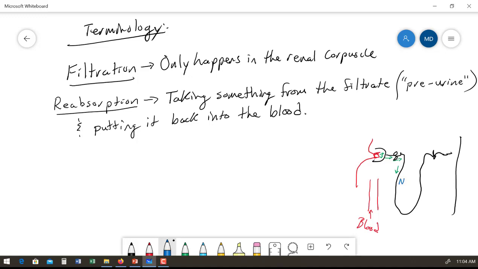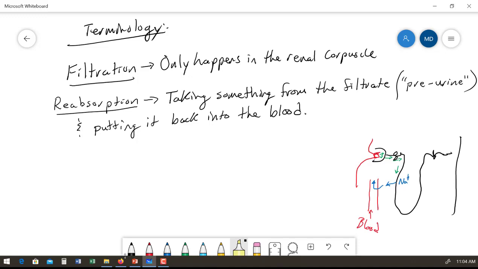We don't want to get rid of all that sodium in our filtrate. What we can do is reabsorb that sodium from the filtrate through the walls of the tubules here, so it goes back into the blood and gets taken away. This process, where we're taking something from the urine or pre-urine and moving it back into the blood, is called reabsorption. All right, so hopefully that's clear.